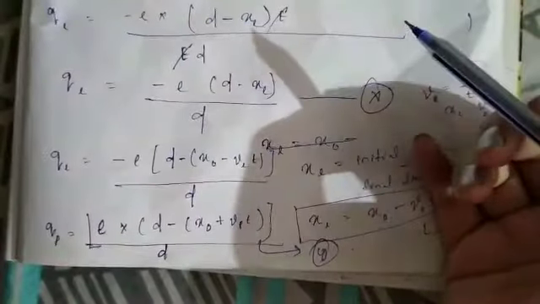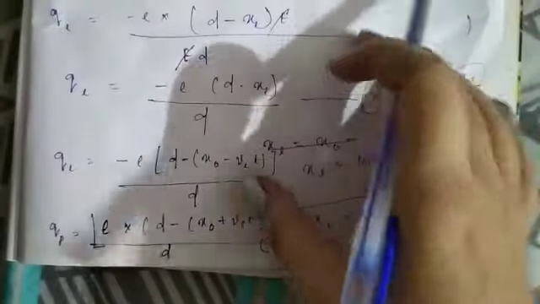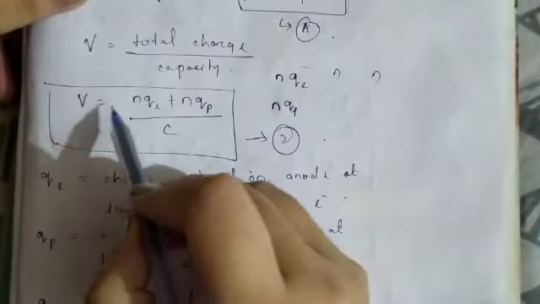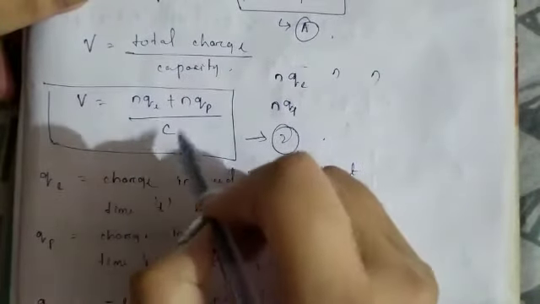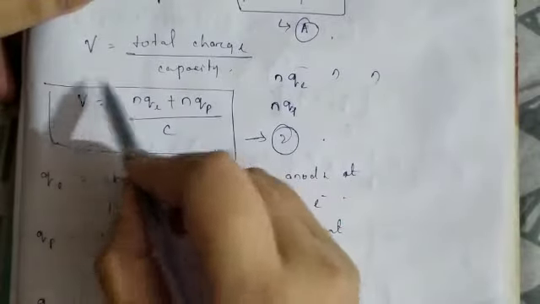So now we have the value of Q_e as well as Q_p. Using the values of Q_e and Q_p in the above equation, where potential V is total charge divided by capacity, we will get an expression of potential.